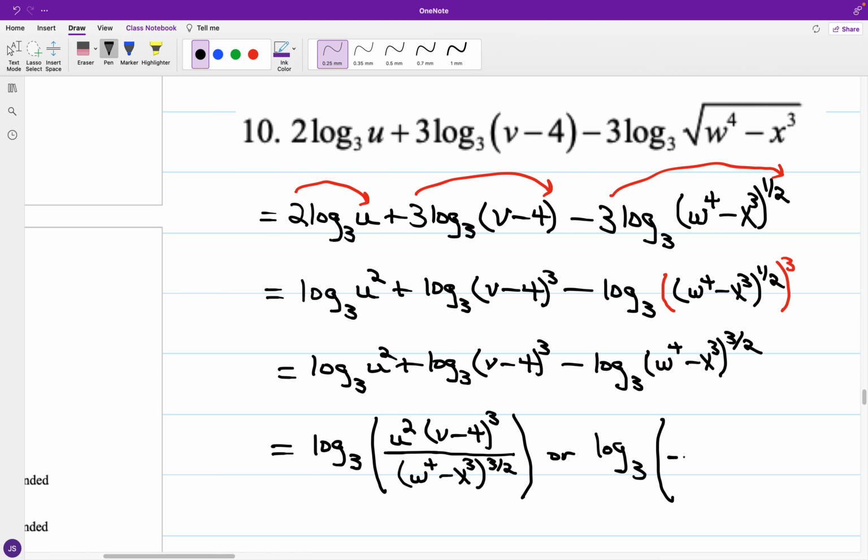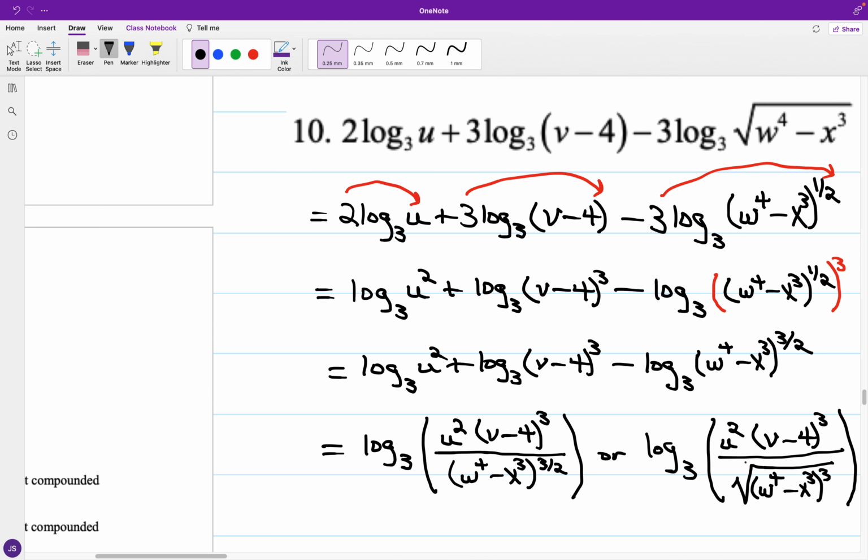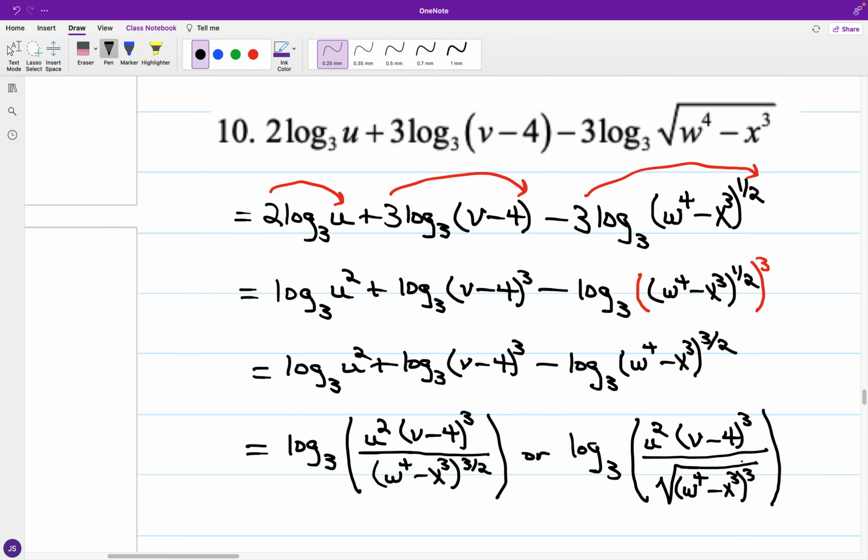So the alternate final answer we can have as u squared times the cube of v minus 4, and with 3/2, so we have the square root of w to the fourth minus x cubed to the third. All right, so these are what we have in the case of consolidating logarithmic terms.